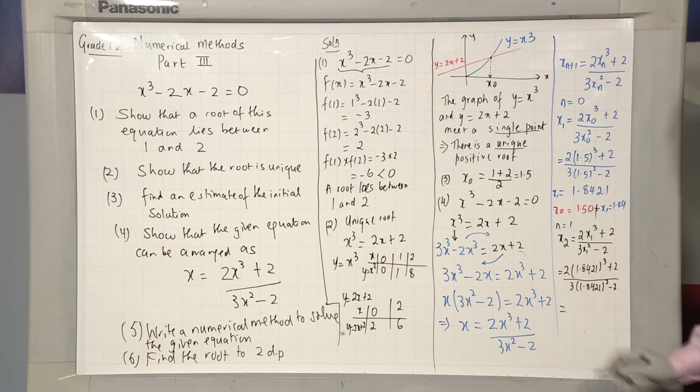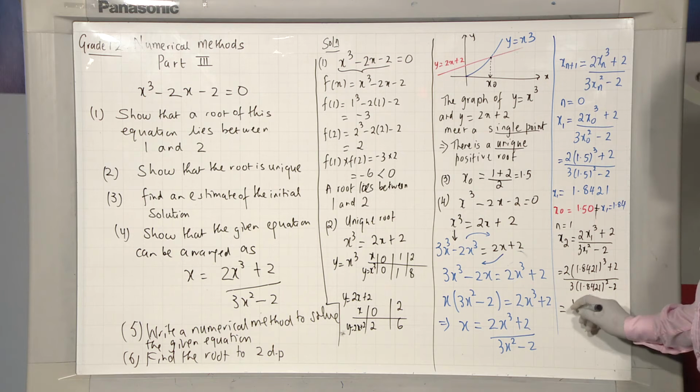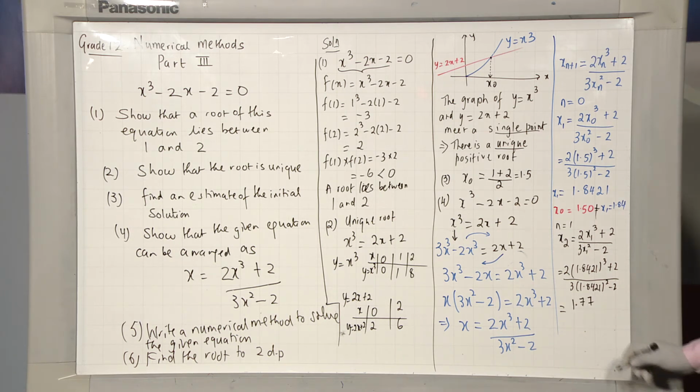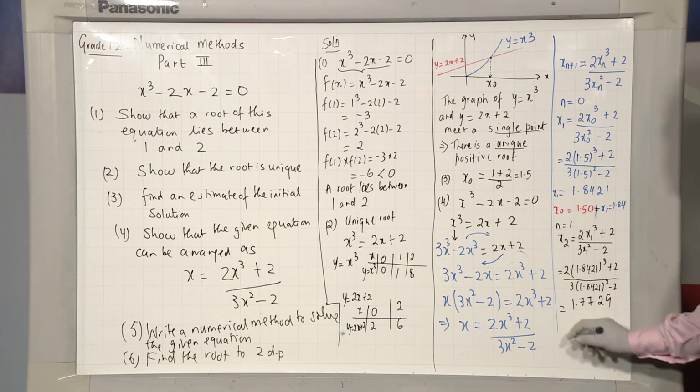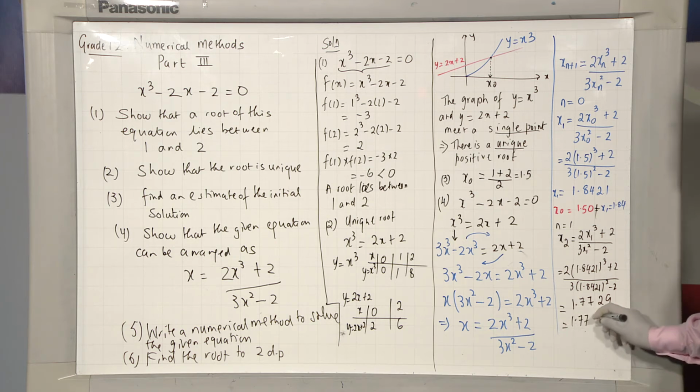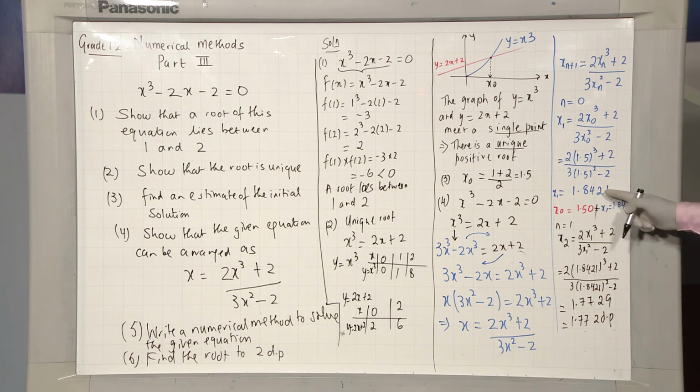Which gives you x2 to be 1.7729. Now, to two decimal places, this becomes 1.77 to 2 decimal places. Are they equal to 2 decimal places? No. They are not equal.